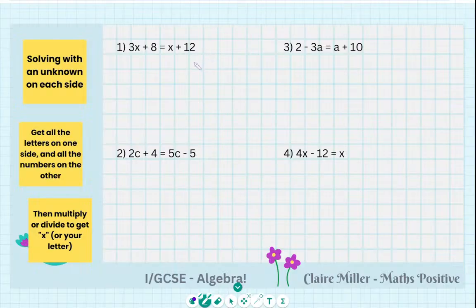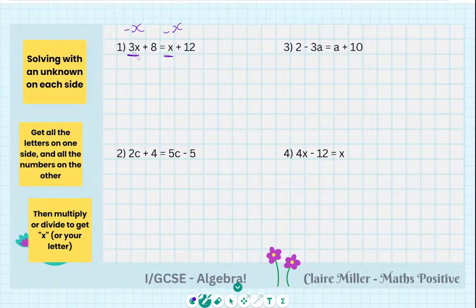I recommend that you always try and undo or cancel out the smallest or most negative number of the letter variable. For example, we've got 3x here and we've got an x here. So I'm going to take x off each side. I could take 3x off each side if I wanted to.